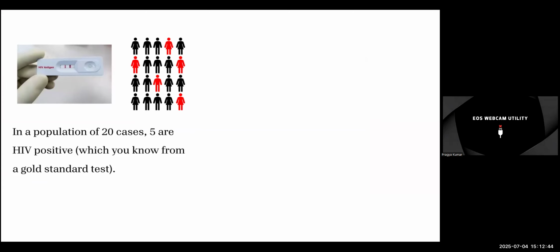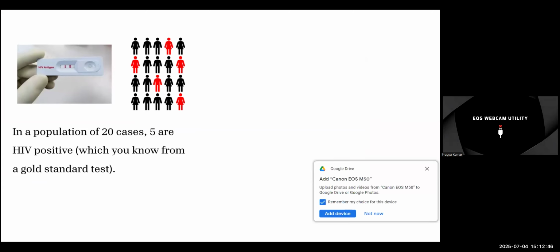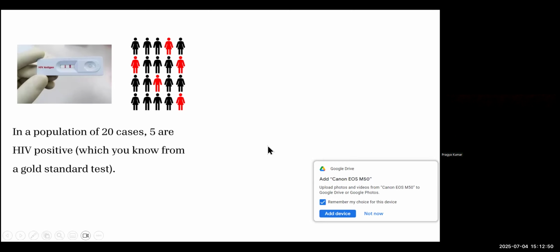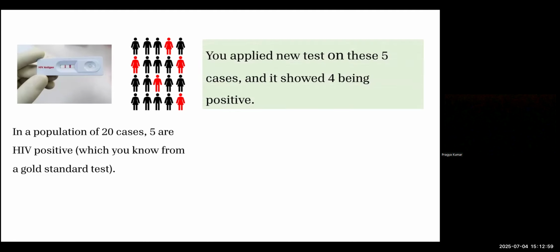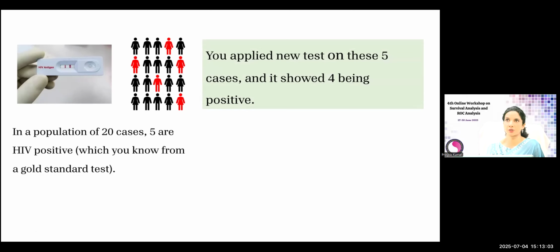Now coming to the predictive values and likelihood ratios. To show that, there's one example. Let's say in a population of 20 cases, you know that 5 are positive, and I know that from a gold standard. I applied a new test on these 5 cases, and it shows that 4 are positive out of 5.